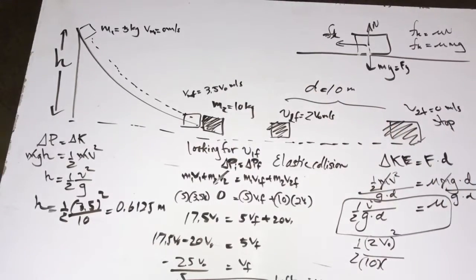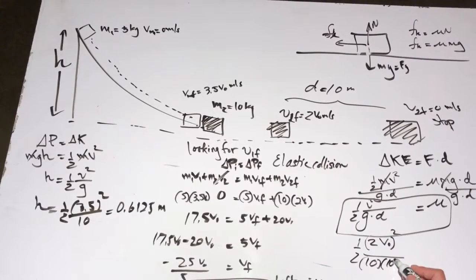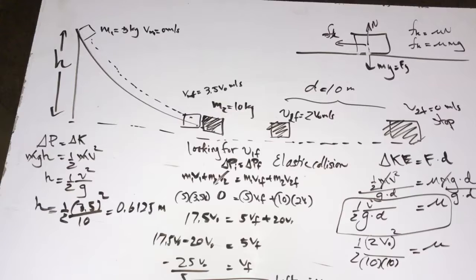You either have the distance or you have to have the coefficient in order to solve this problem. So your coefficient would be 4 v0 squared divided by 200.